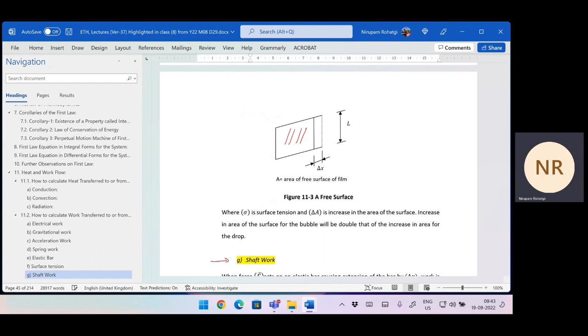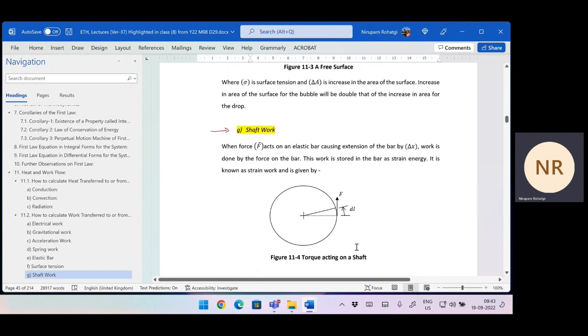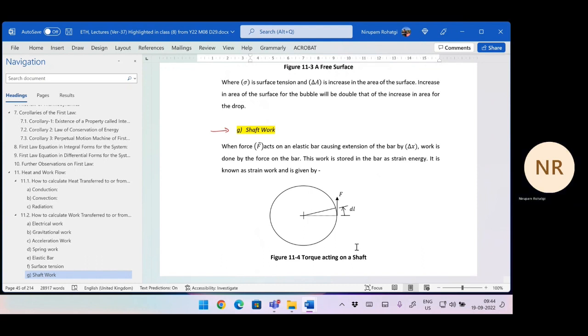Then shaft work. So not only a force by extending, you can do the work by rotating. And all these come under the category of work. Force multiplied by displacement. They are all under the category of work.